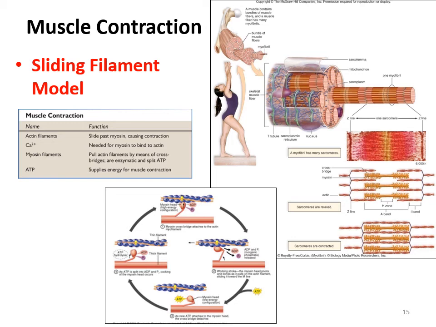Myosin then detaches and cross-links to the next segment. So picture if you're rowing a boat, the oar comes in contact with the water, you have that power stroke, and then the oar comes out of the water, right? It detaches from the water the way myosin detaches from the actin. And then you stroke again.